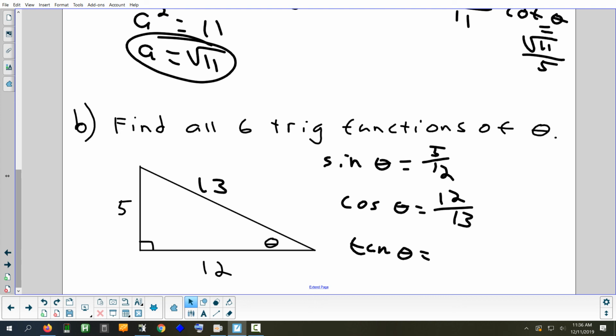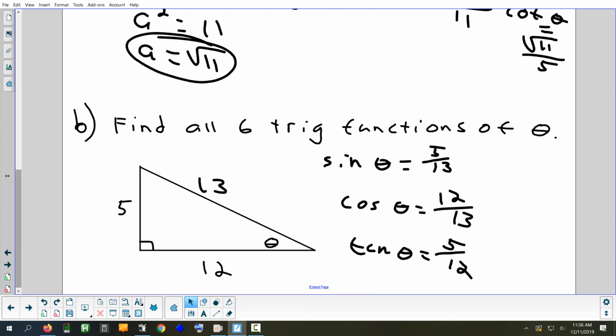Yeah, what's my sine again? 5 over 13. Did someone say 5 over 12? No, maybe I just heard wrong. But yeah, 5 over 13, 12 over 13, and tangent is 5 over 12. Okay. And then you would flip them. 13 fifths, 13 twelfths, 12 fifths.